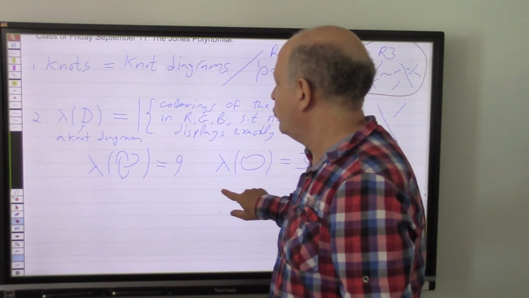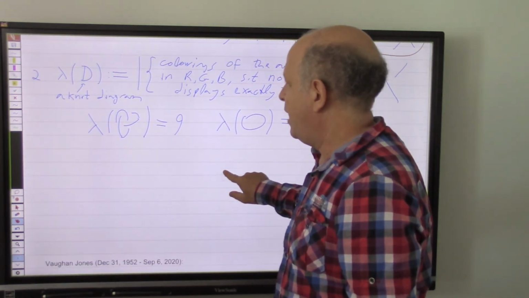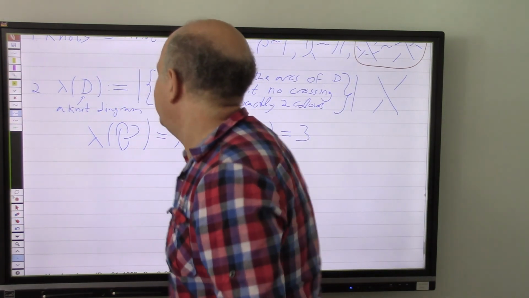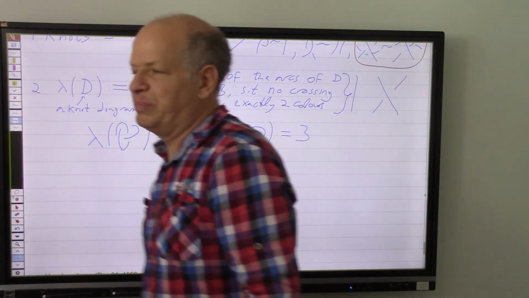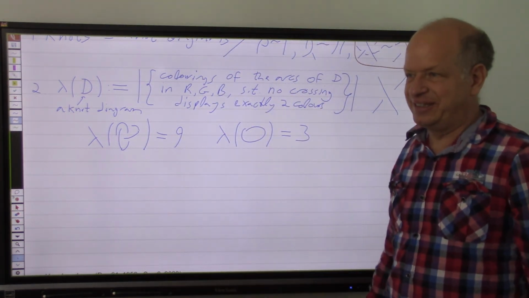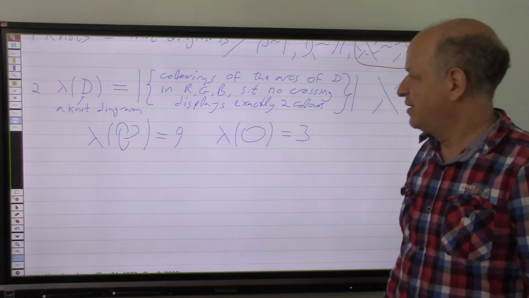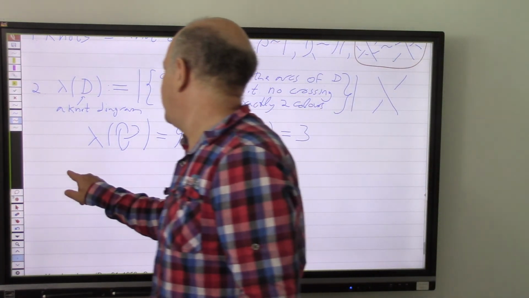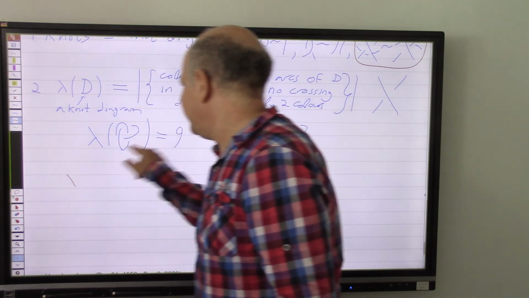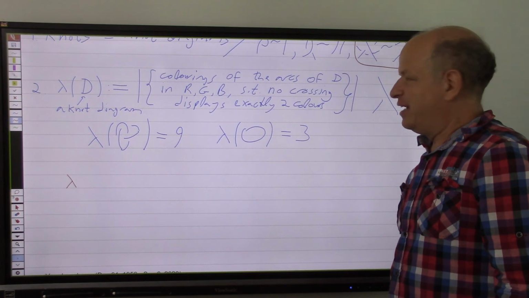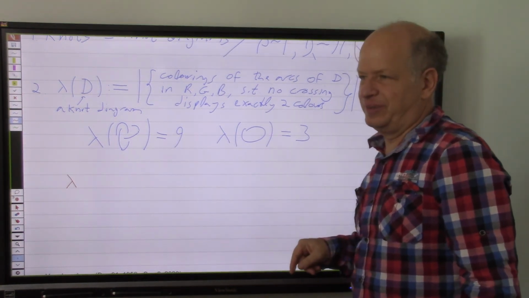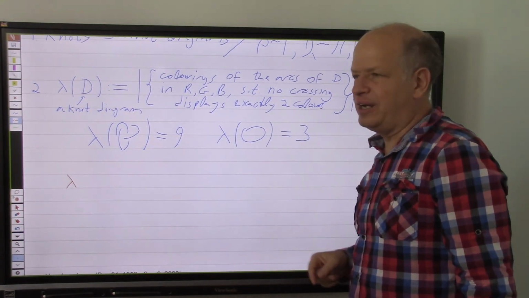So I have two riddles or questions about this. Maybe I'll write them in red because I don't plan to answer them, and you can consider them as homework. So question number one: for these two examples, lambda came out to be a power of 3, right? 3 and 9.